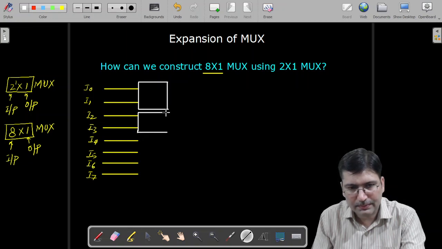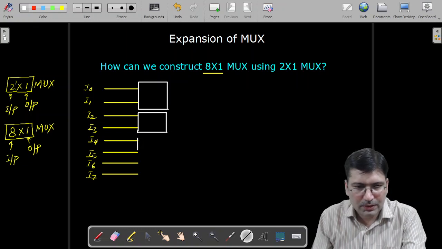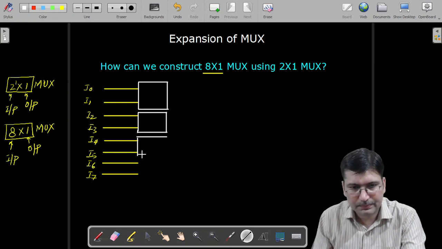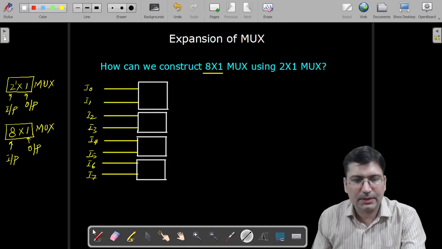Now these two we can pass to another 2x1 MUX, and so on, so there is a fourth. So to handle 8 inputs, we need four 2x1 MUX. That is very easy to understand.